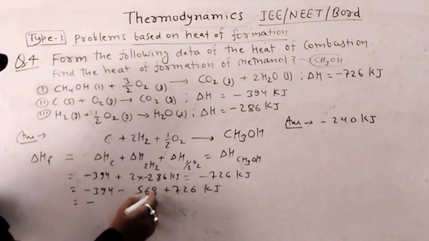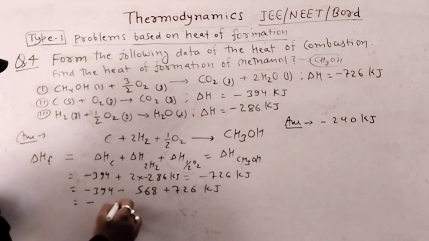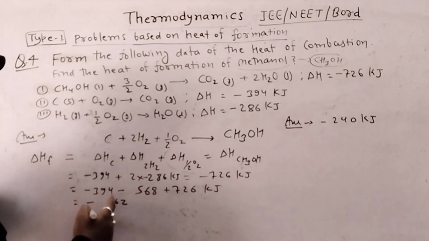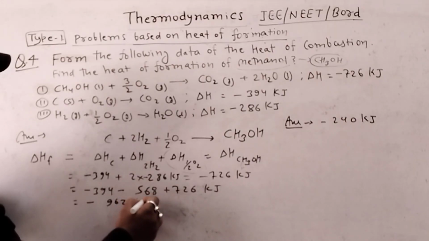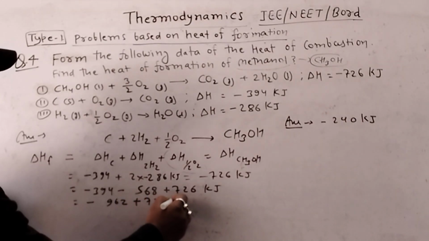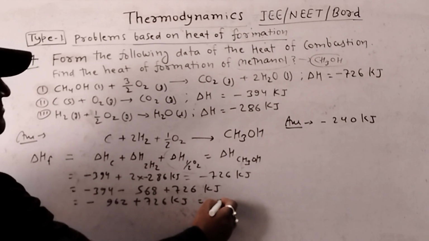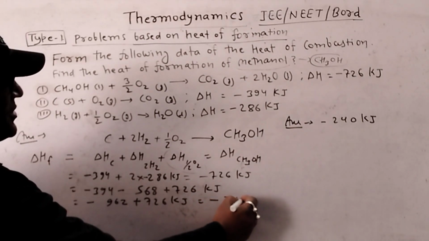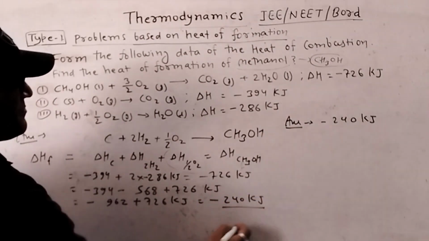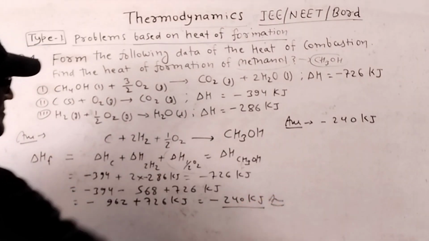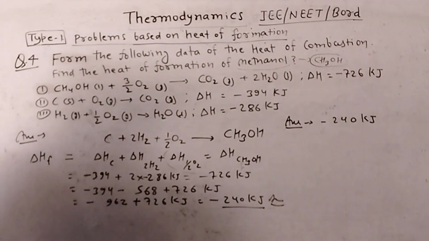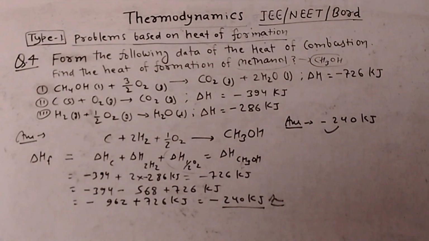So minus 962 plus 726 kilojoule is equal to minus 240 kilojoule. This is the answer. So you can take a screenshot.